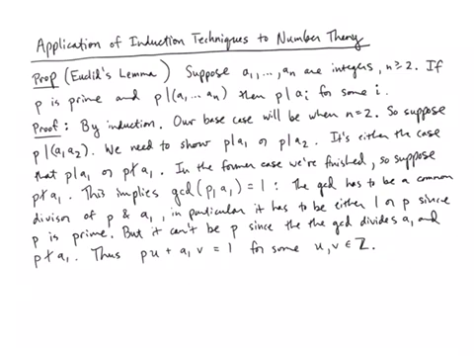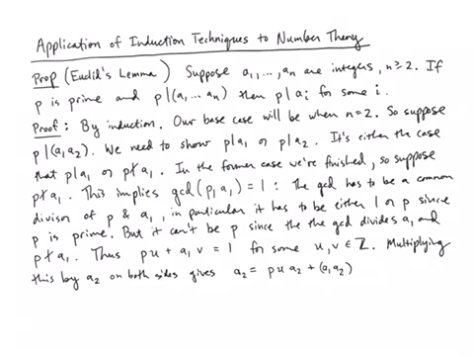So multiplying this by a2 on both sides gives, so the right-hand side I'll now put on the left, that's just a2, and then we have p u times a2 plus a1 a2 times v, and a1 a2, well, that's divisible by p, right?